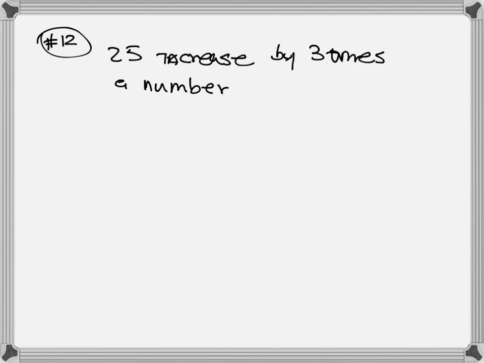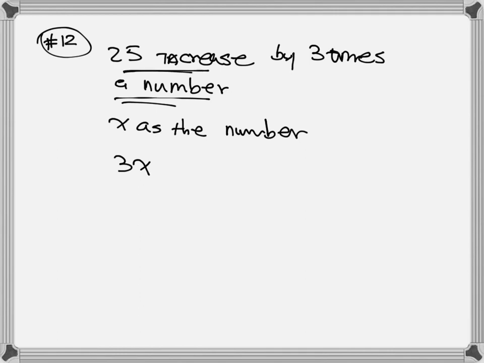We use x equal to the number. So 3x, 3 times x, all right? 3 times the number, 3 times x, increased, 25 increased, so plus 25. So 3x plus 25, then that is your answer.